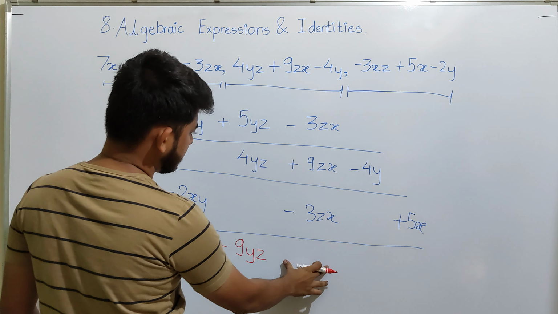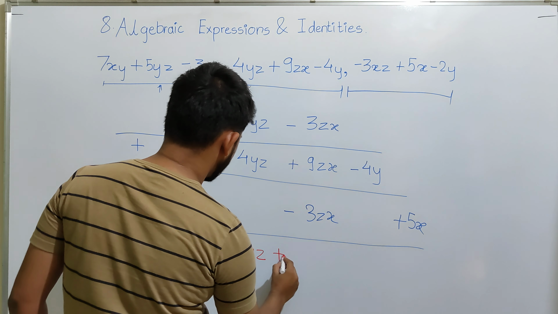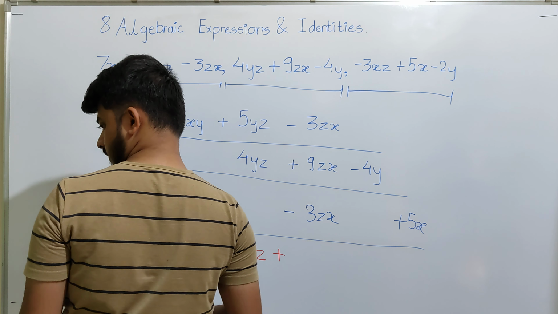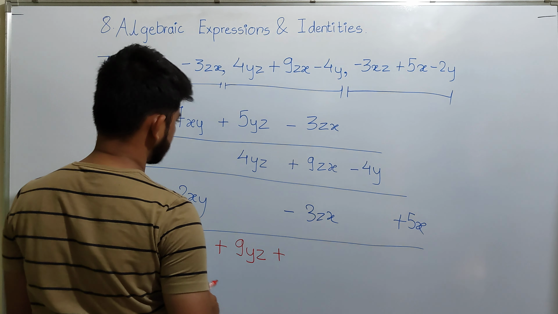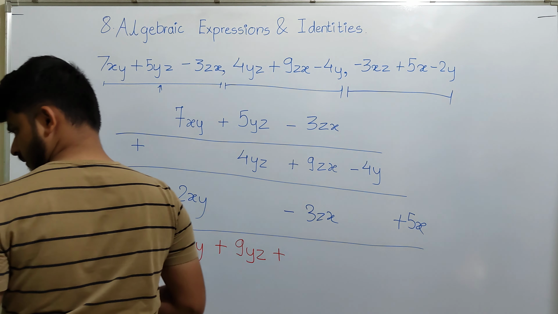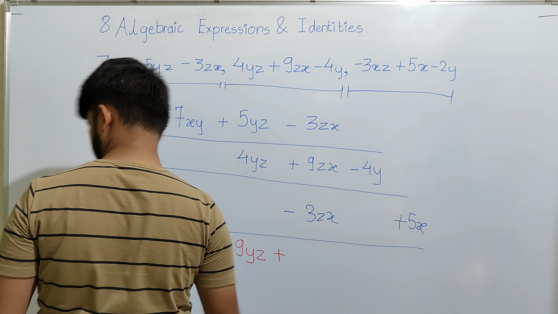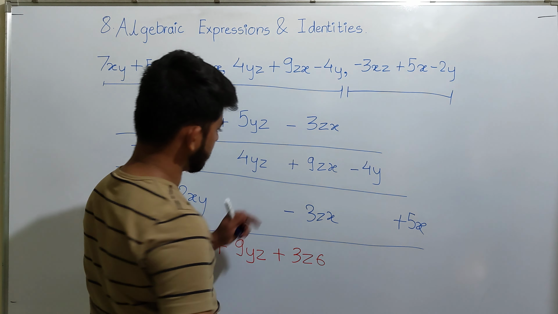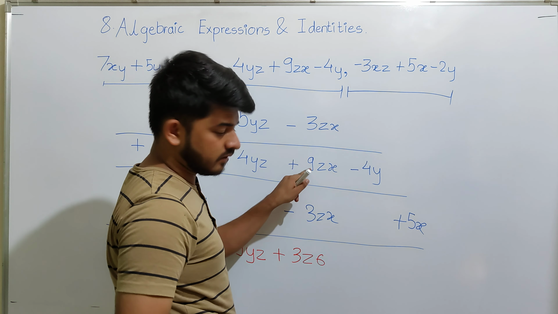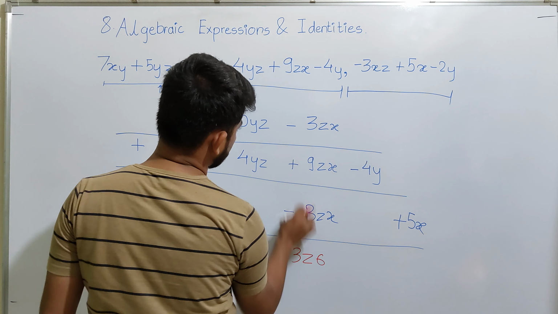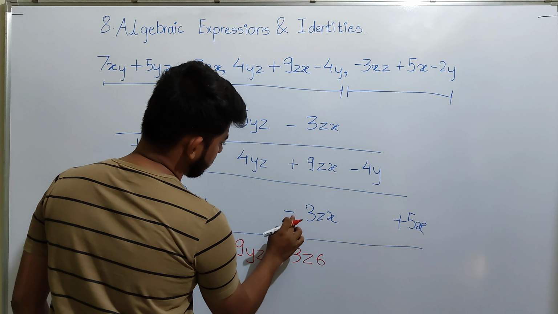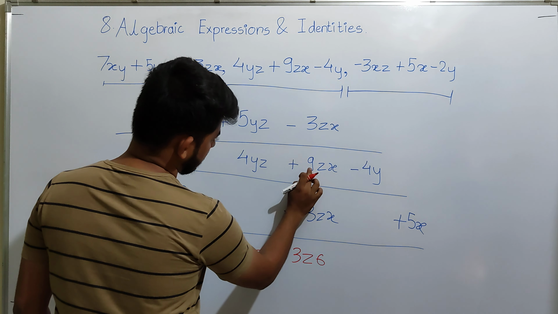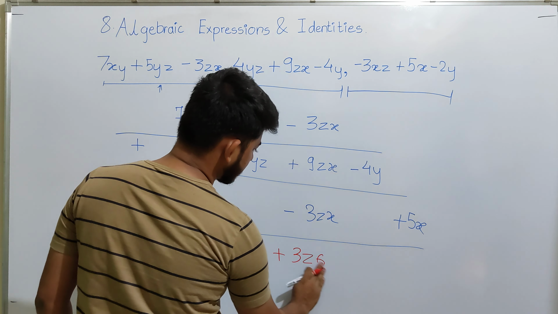We have to add this, plus 3zx, because I'm minusing 6. Minus 3 plus minus 3 minus 6, 9 minus 6, that is 3zx.